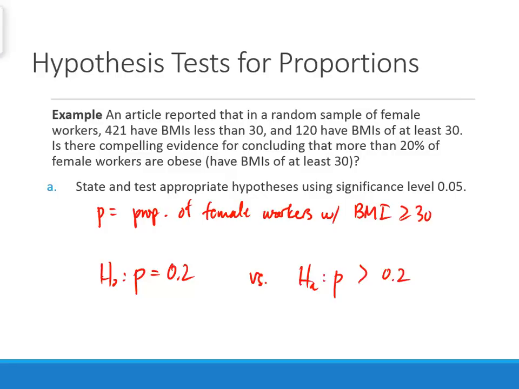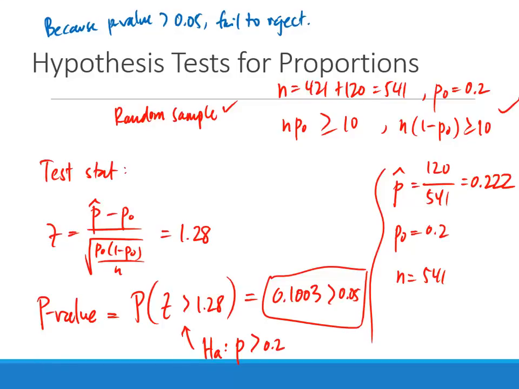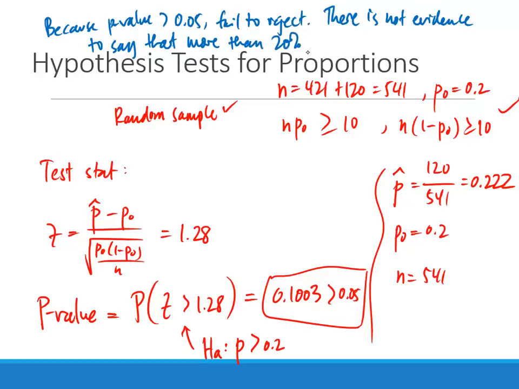So again, my original question was: are there more than 20% of female workers that are obese? And the answer to that question is no. So what Matt said was there is not evidence to say that more than 20% of female workers are obese. Nicely done.